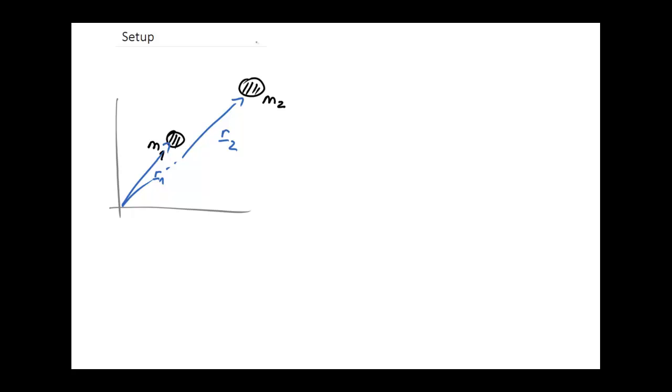The second body exerts on the first body a force F12, and the first body exerts on the second body a force F21. By Newton's law, action equals reaction, this force F21 must have the same magnitude but opposite direction of the force F12. So F21 is equal to minus F12.